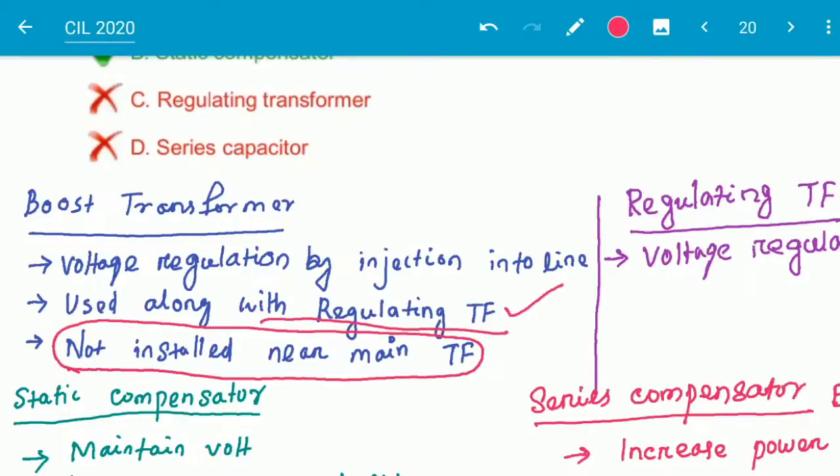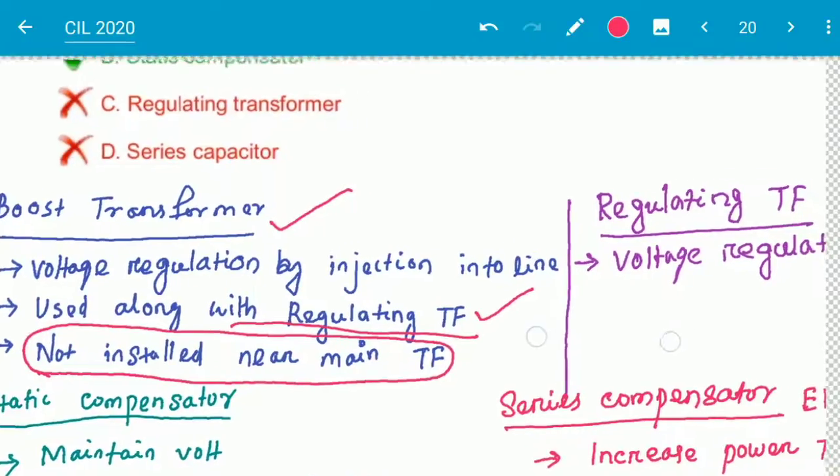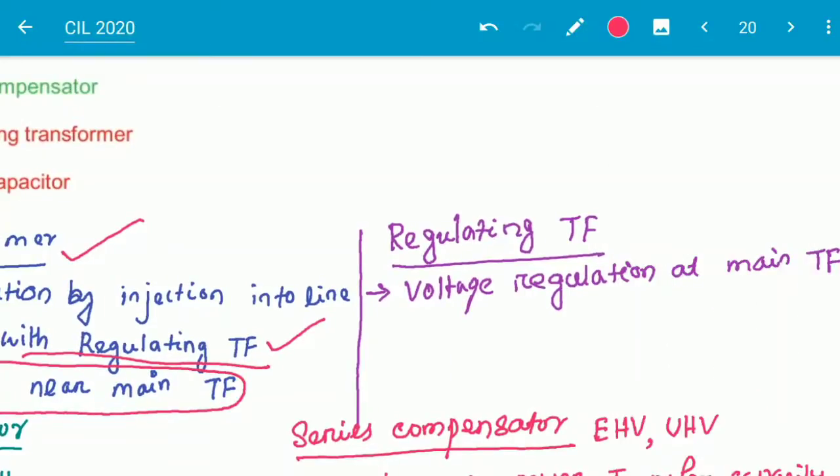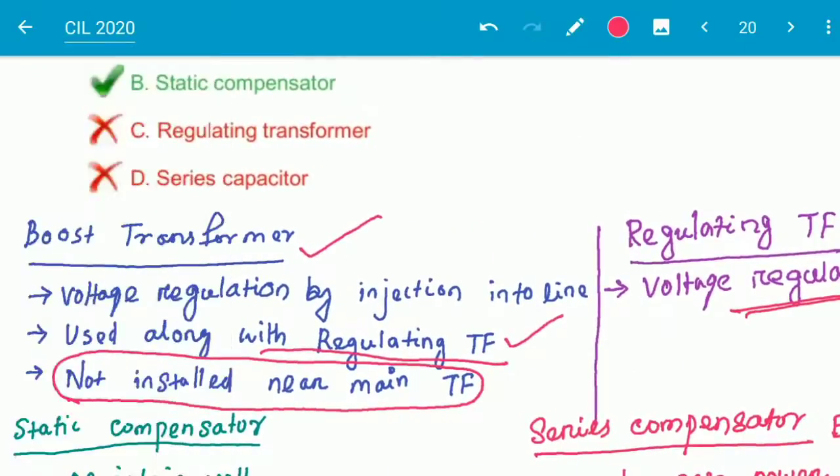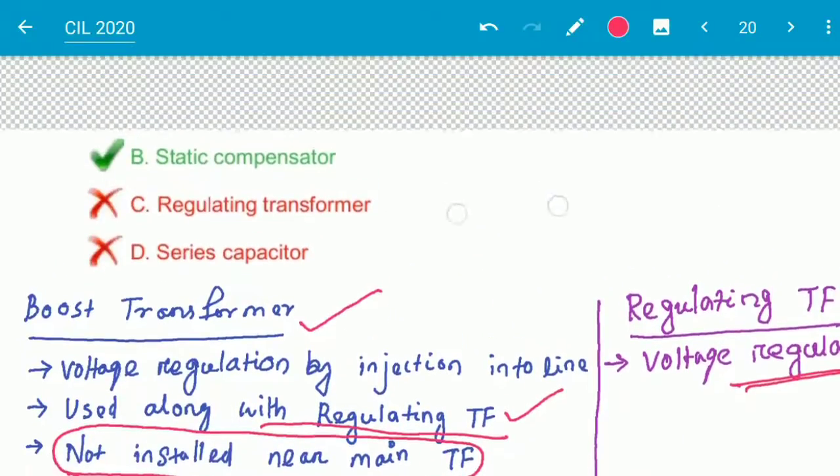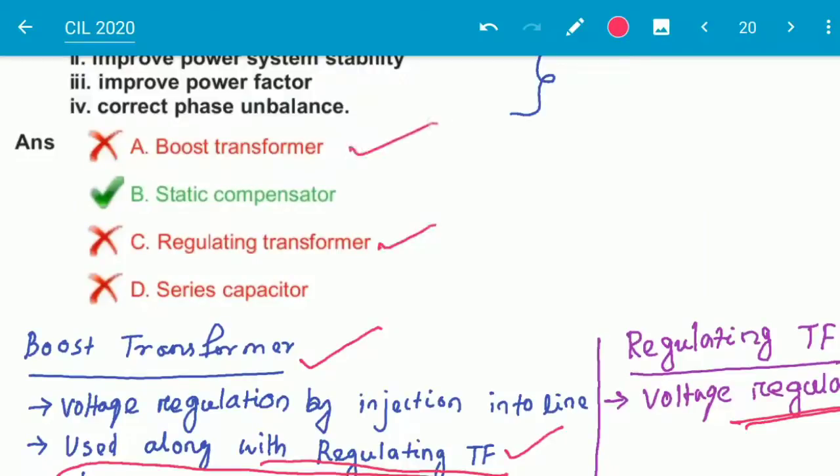It cannot be used independently; it is always used with a regulating transformer. A regulating transformer, if used independently, is used at the main transformer.